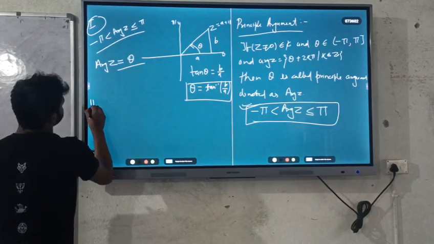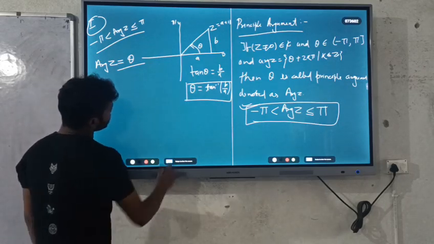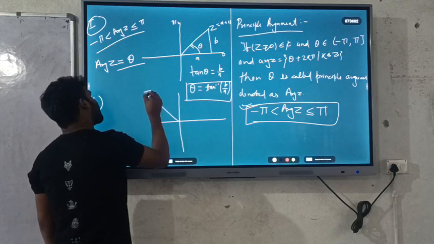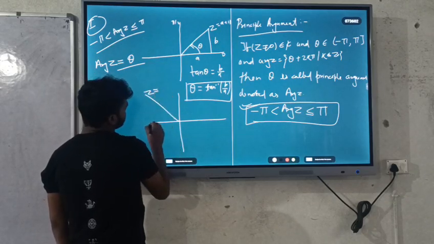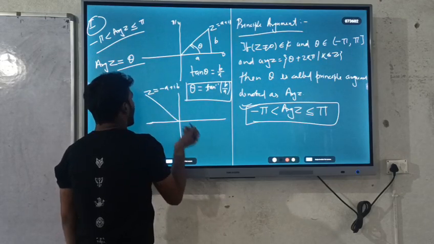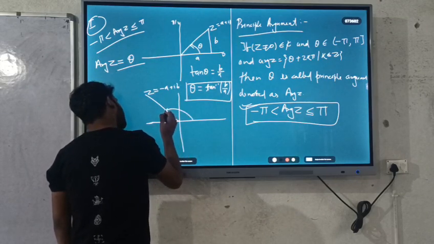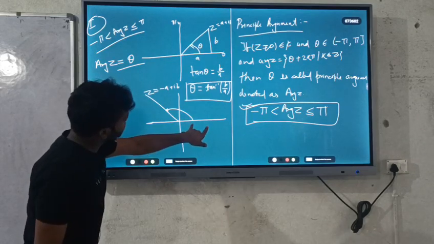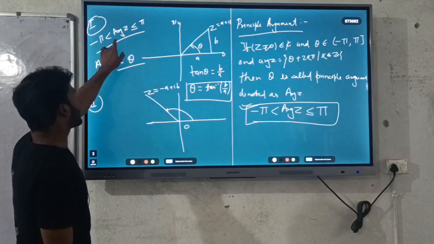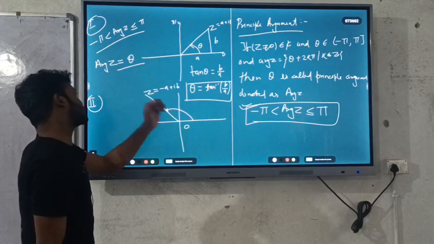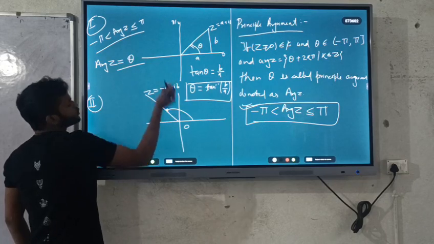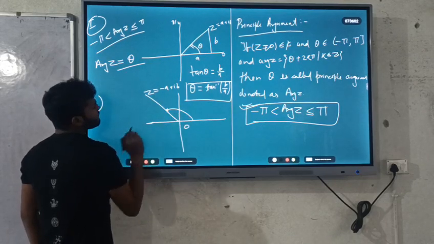In the second case, what if z lies in the second quadrant? Then the form of z is minus a plus ib. Now we want to calculate the argument value from the positive real axis to the line segment OZ. If the argument value lies in minus pi to pi, then it is a principal argument. Since the angle must lie in this interval, we just need to calculate this value.